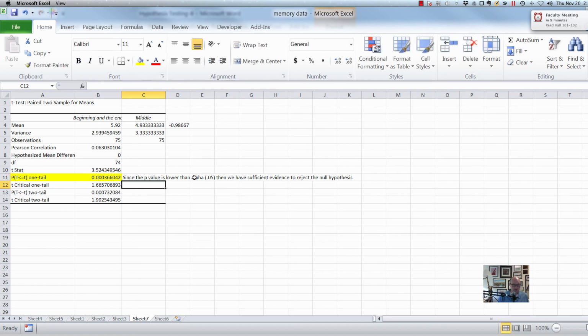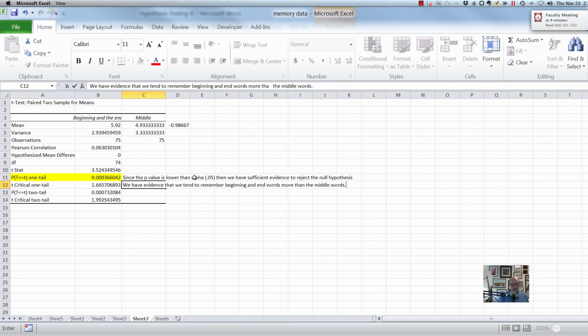So what does this say? This means we have evidence that we tend to remember beginning and end words more than the middle words.